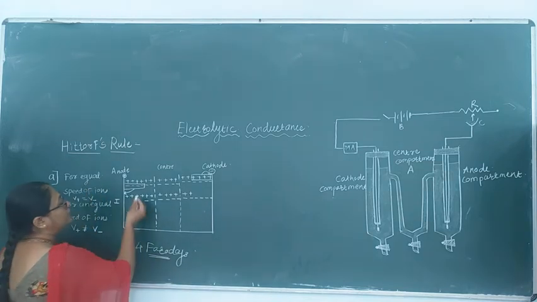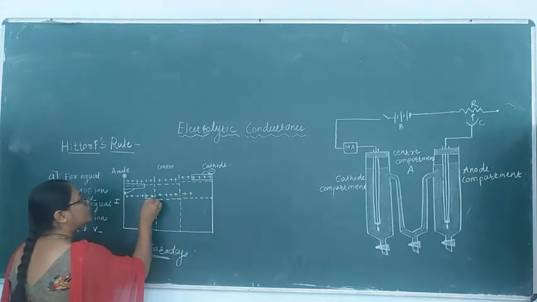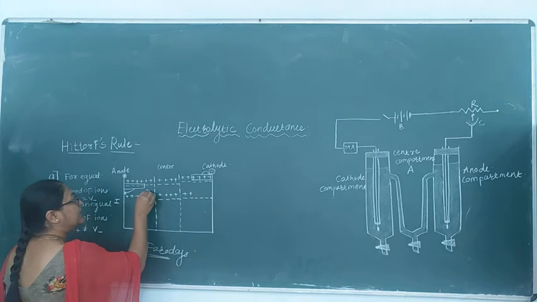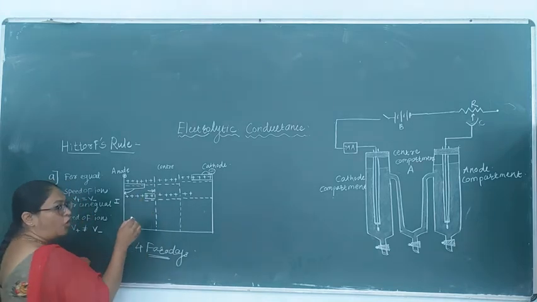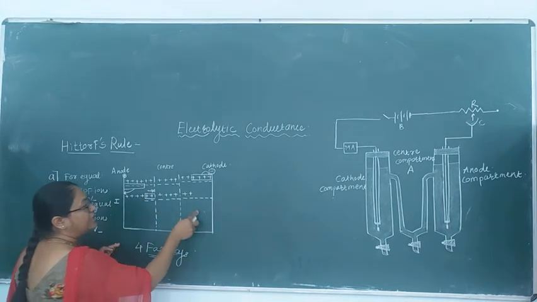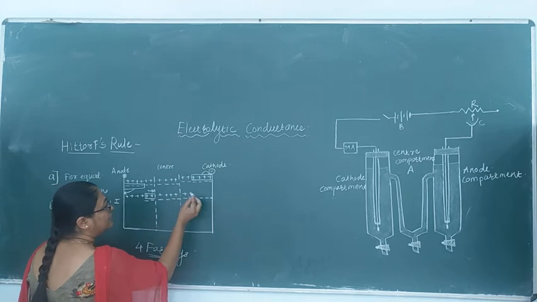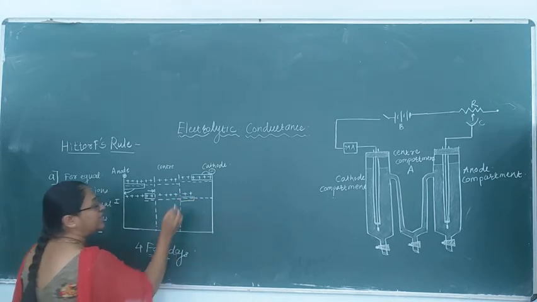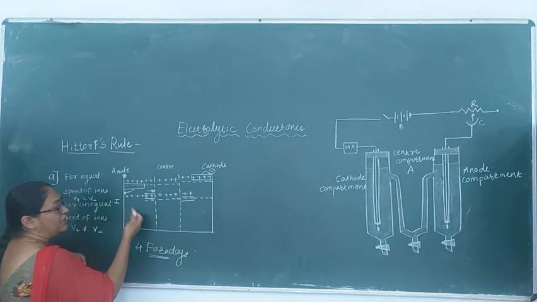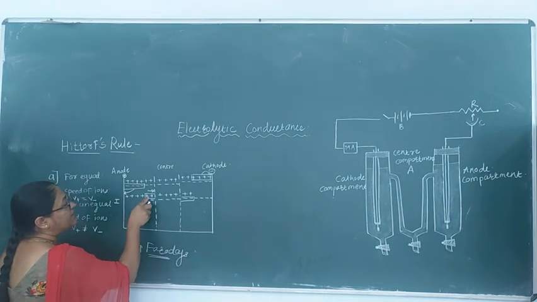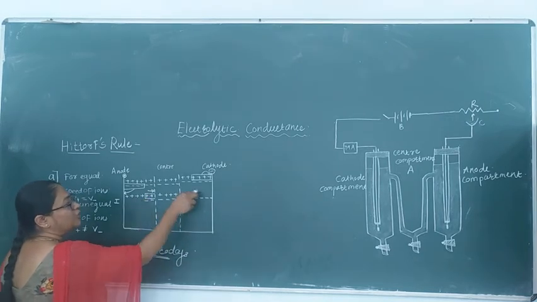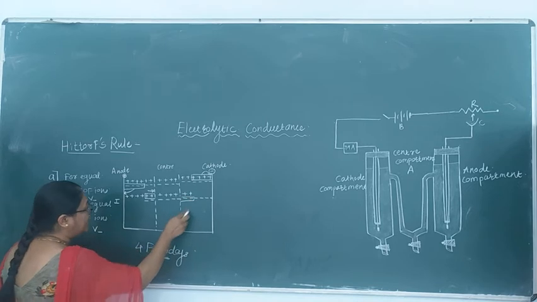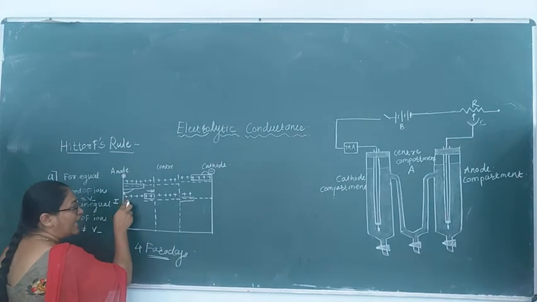Now, therefore, 2 cations migrate from left to the right, while 2 anions migrate from right to the left. Obviously, positive cations will migrate towards the cathode, while the anions will migrate towards the anode.